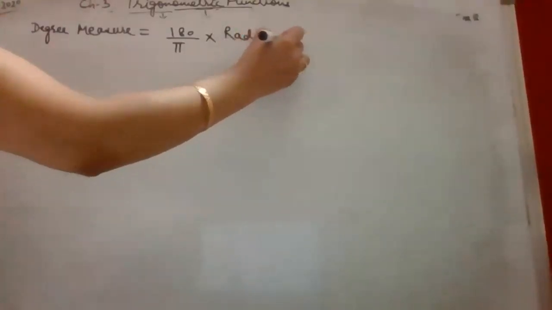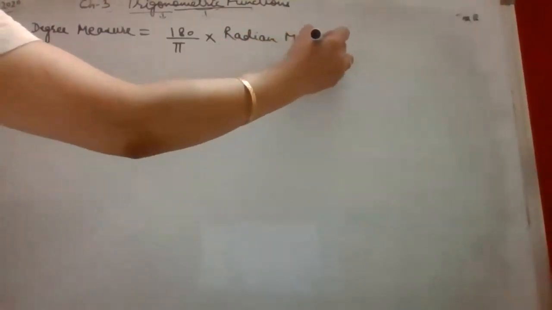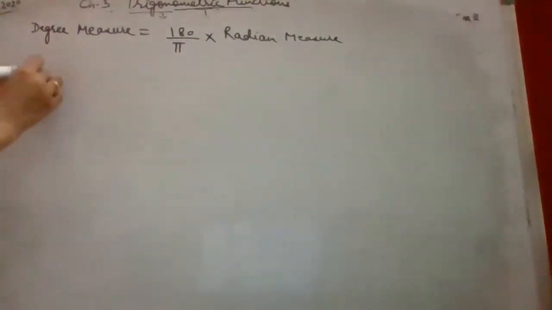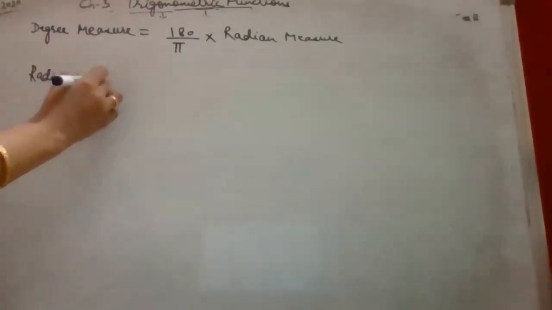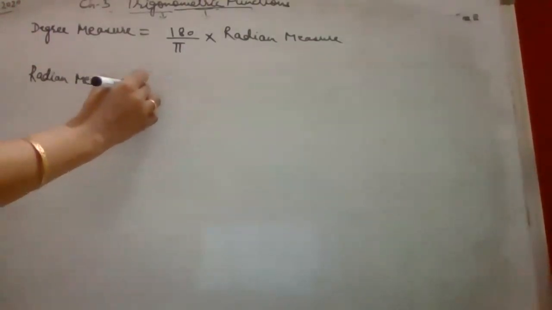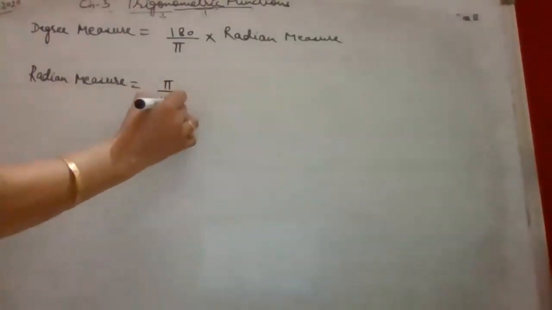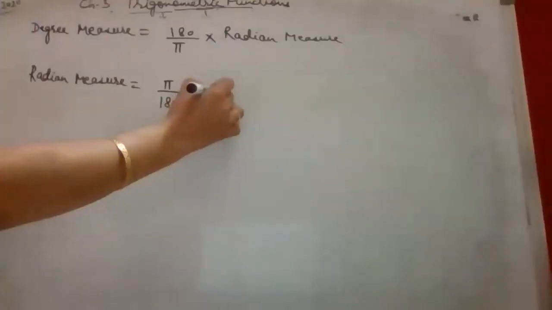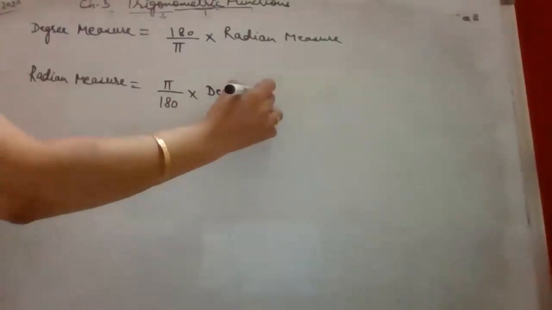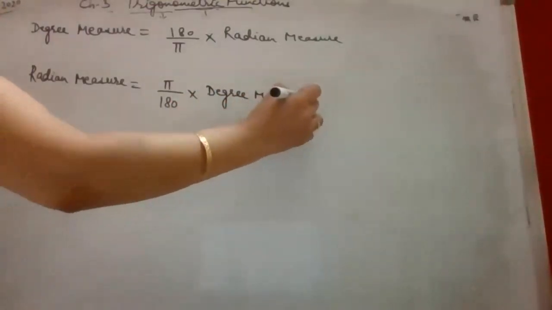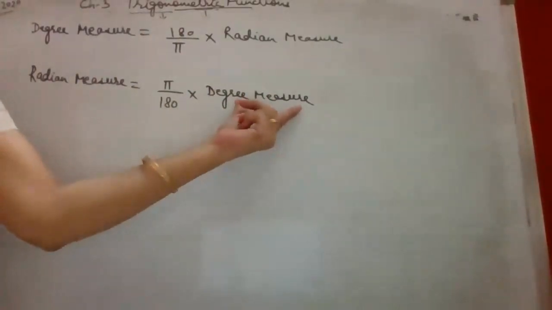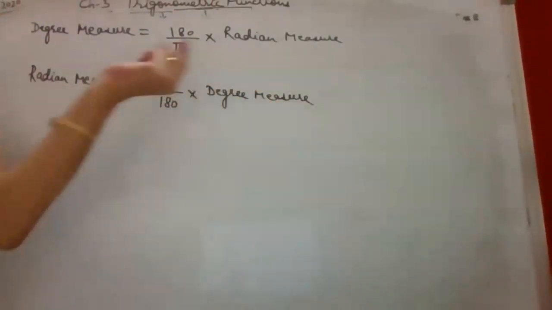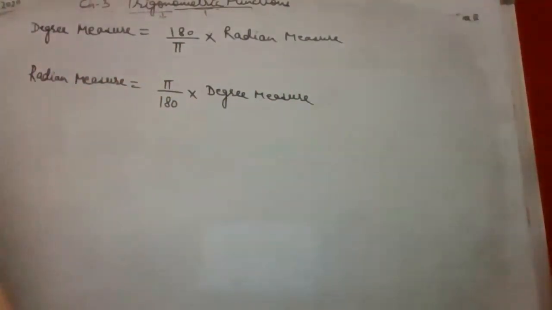So this is the relation here. If the angle is given in terms of degrees and you want radians, you will multiply that angle by pi upon 180.